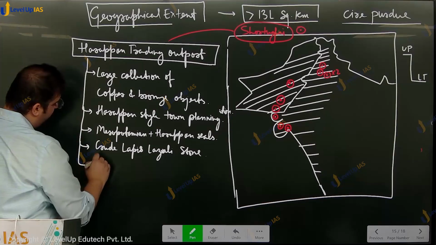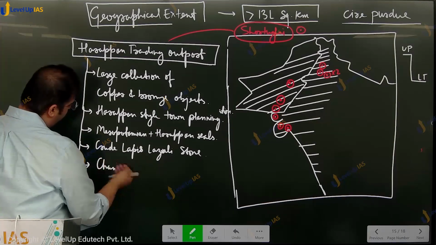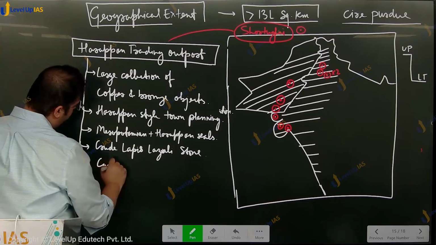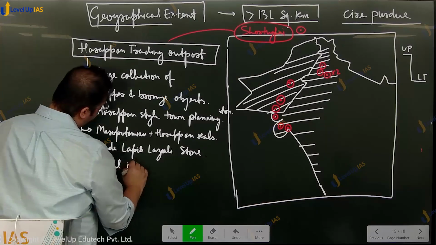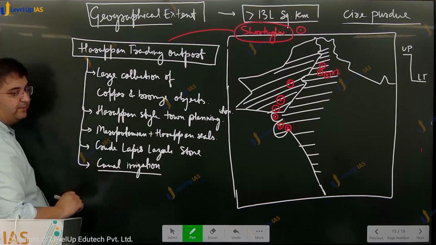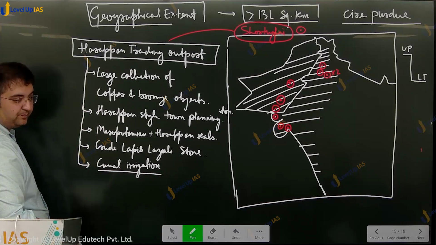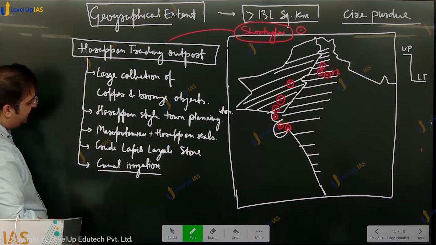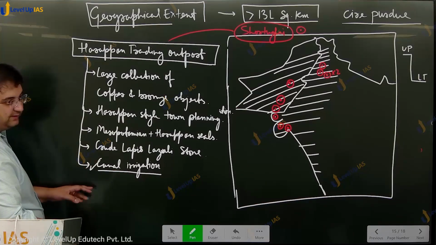We also find canal irrigation, which was not practiced anywhere else in the Harappan civilization. Okay? Elsewhere in the Harappan civilization, common practice of irrigation was flood irrigation, right? Canal irrigation केवल यहीं पे मिलता है.